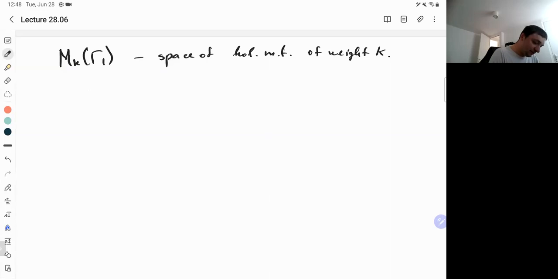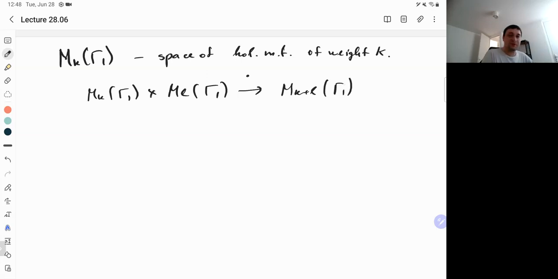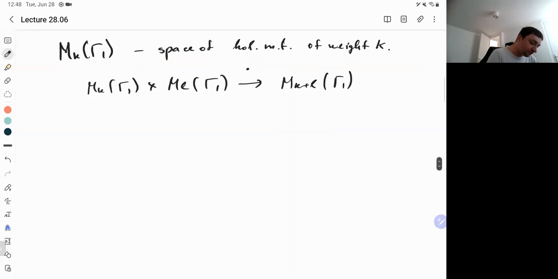Also, you can multiply things: you take a function of weight k and a function of weight L, and the usual product of functions gives you a function in M_{k plus L}. So you get a modular form of weight k plus L.